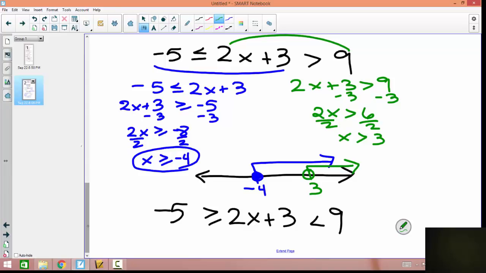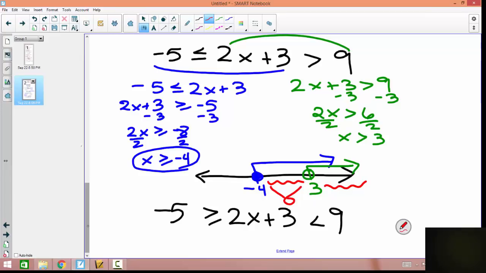So we need to figure out if the blue is the proper graph or if the green is the proper graph. We need to figure out, do these answers work or do just these answers work? So we need to test a number in between -4 and 3. 0 pops out at me as being easy to plug in.